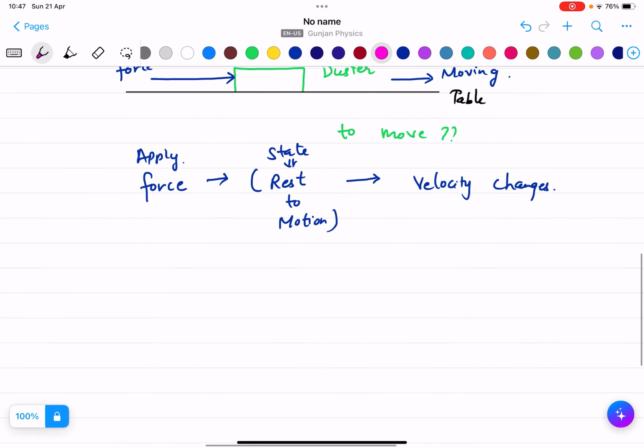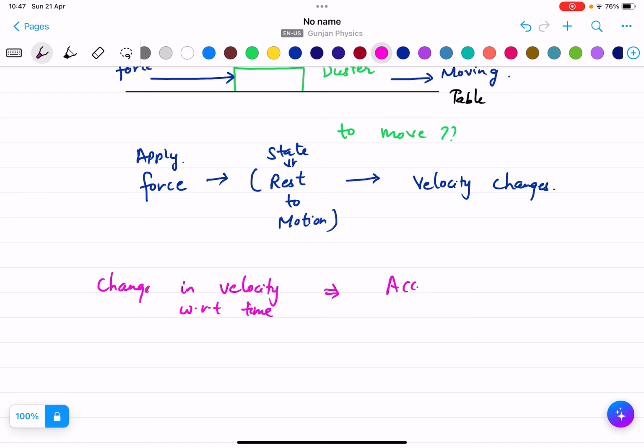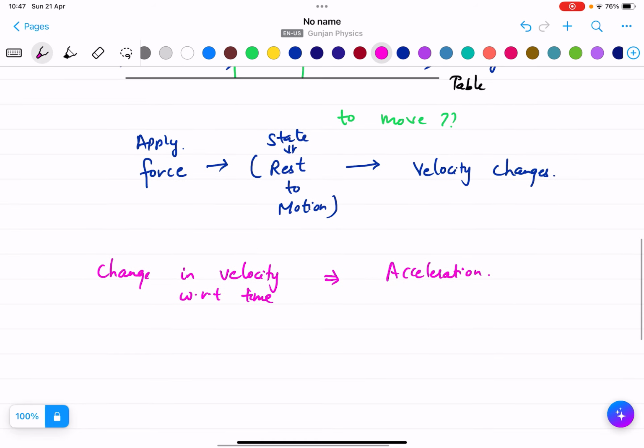And we all know that a change in velocity with respect to time, we have studied earlier, is acceleration. That means if I am applying force, there is a change in velocity, and change in velocity means it is producing an acceleration, right?